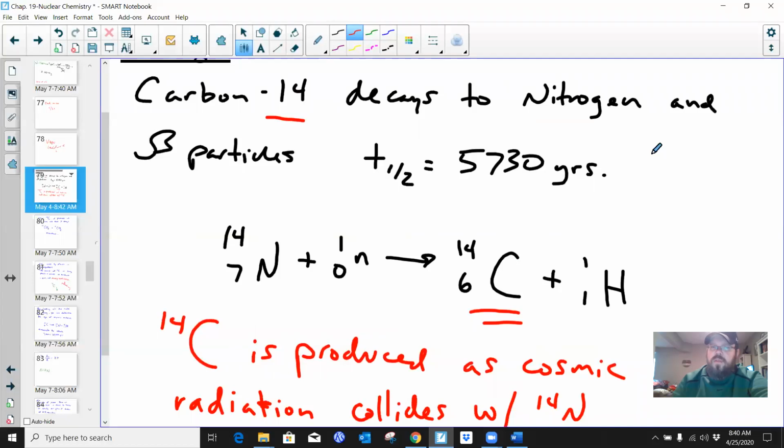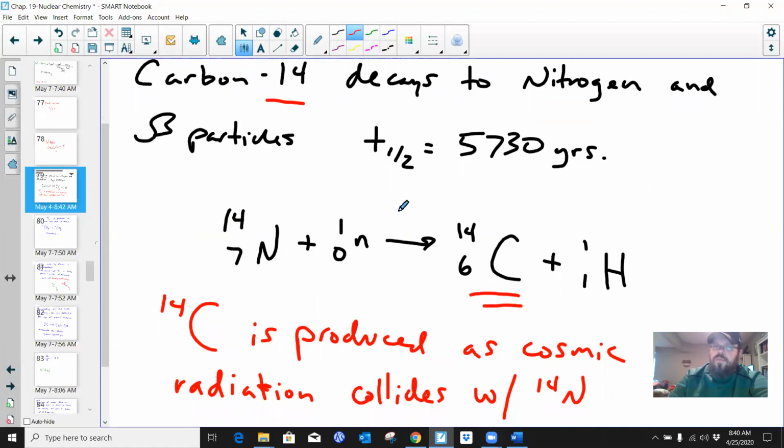They use carbon-14. Carbon-14 is a naturally occurring radioactive isotope of carbon. It is the result of cosmic radiation colliding with nitrogen in our atmosphere. So we talked a little bit about this before. Carbon-14 has a half-life of 5,730 years.